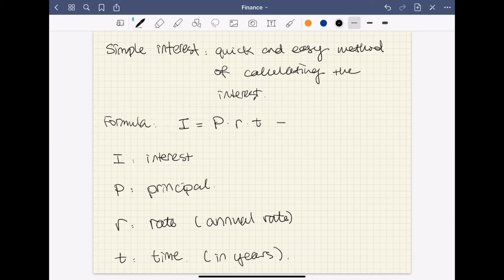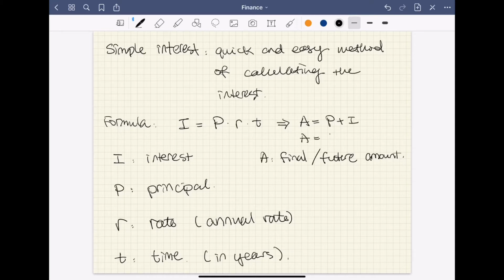Now, if you are investing money, then you not only want to know how much interest you will receive at the end of a period, you might also want to know how much money in total you're going to receive, including the initial amount that you invested and the interest that you're receiving. So the final or future amount is A. A is equal to P plus I, where P is the principal and I is the interest.